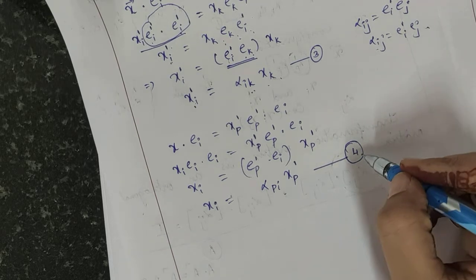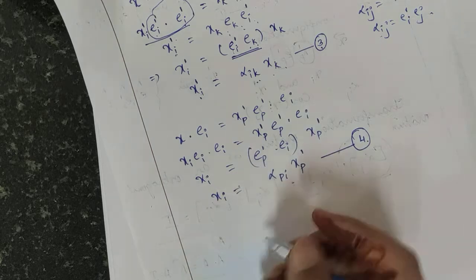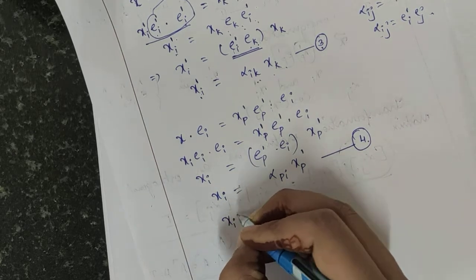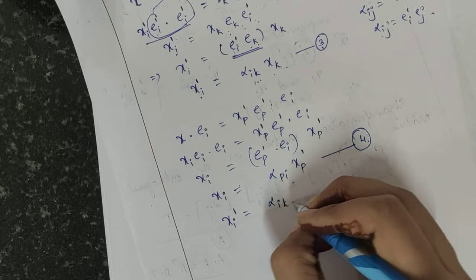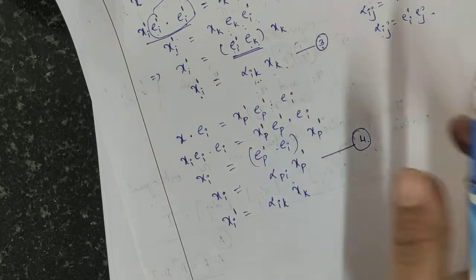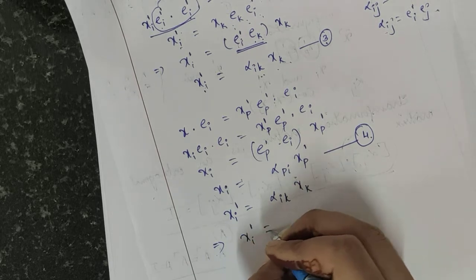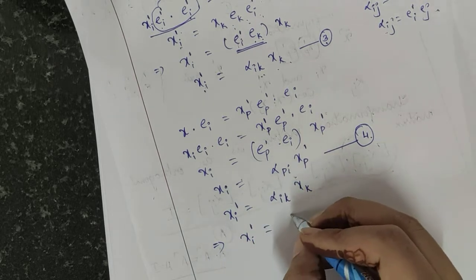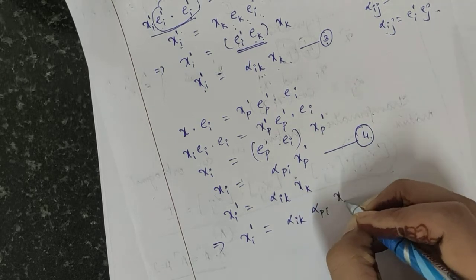Now substitute equation 4 in your equation number 3. That means you will be getting xi prime is equal to alpha ik xk. This is what you have in your equation number 3, right? So this implies xi prime is equal to alpha ik alpha pi xp prime.